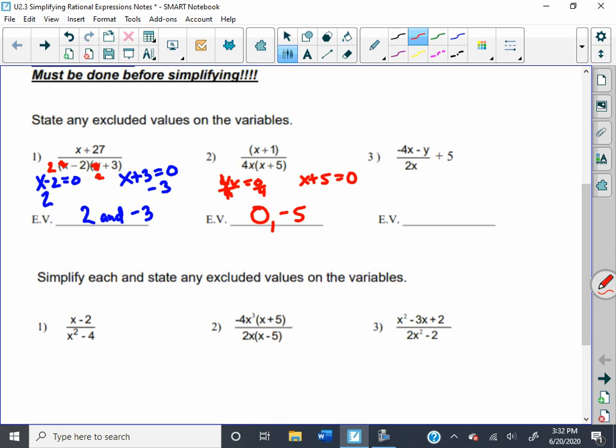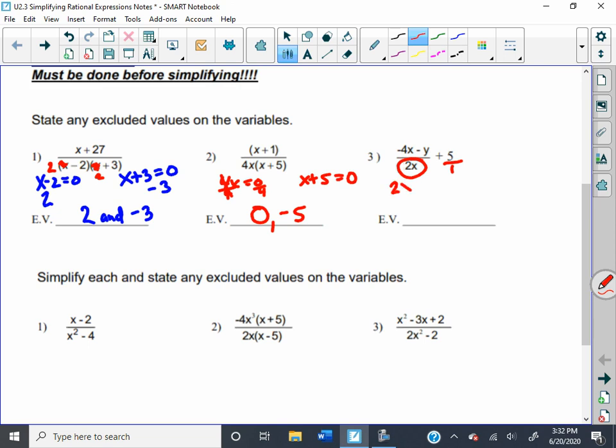All right, number 3, so I have this fraction, negative 4x minus y over 2x plus 5. Well, the 2x is in the denominator. This 5, you can turn it into a fraction, you can put it over 1, but since there's no variable, you don't have to worry about the 1. You only deal with the variables. So the only variable in the denominator is the 2x part.